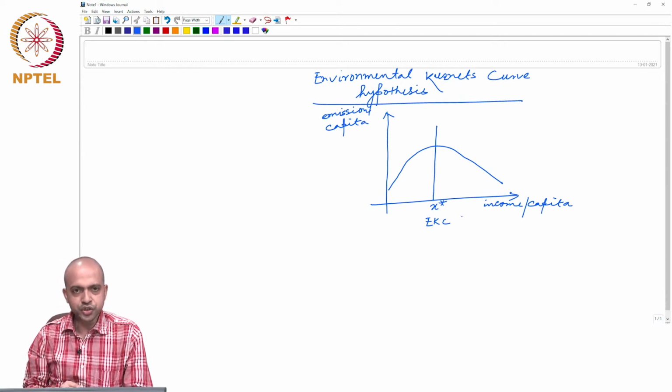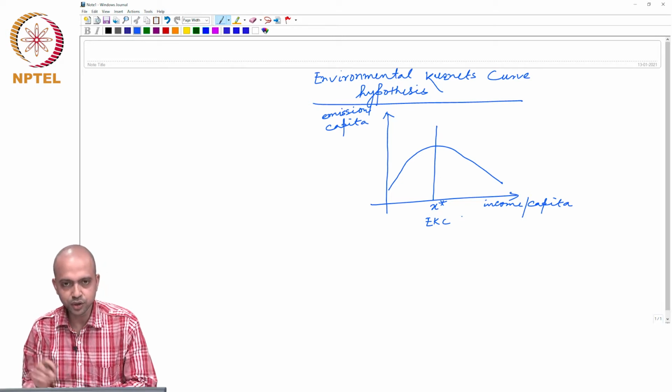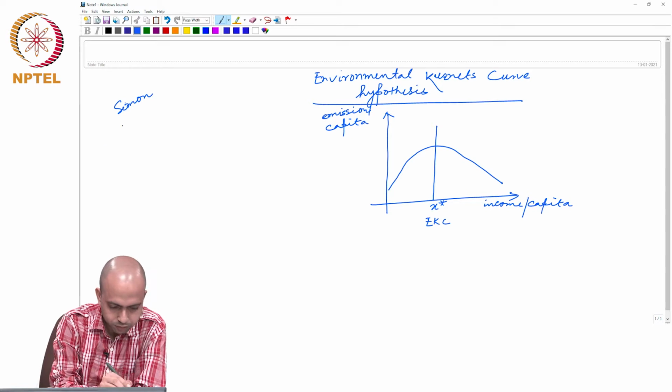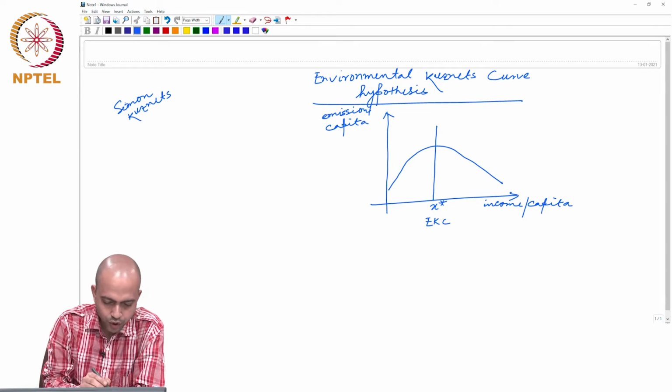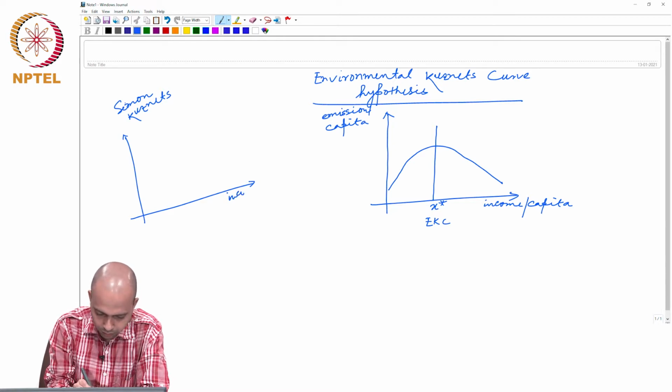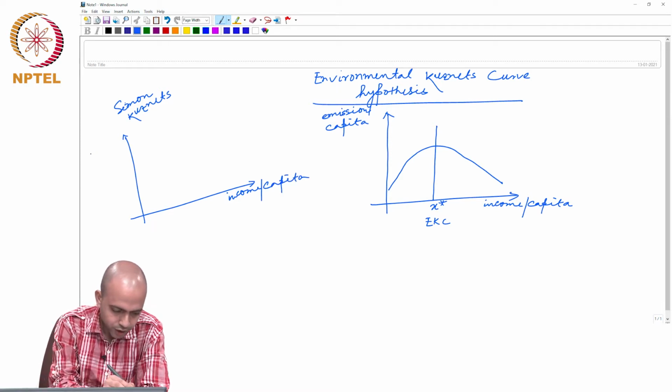So, this is basically the EKC relationship, right. Why is it called the environmental Kuznets curve? Because this type of relationship was first hypothesized by Simon Kuznets, but in a different context. What he hypothesized was a relationship between income per capita and inequality.